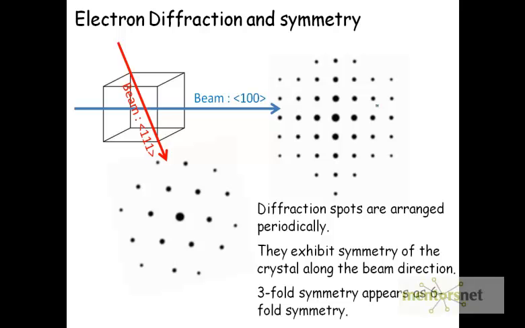Similarly, if the beam, the red beam, is traveling along the body diagonal of a cube, which represents a 3-fold axis, the diffraction pattern also shows a 3-fold symmetry. In fact, 3-fold doubles up as 6-fold, and that's why you see a hexagon here instead of a triangle. This is always true in electron diffraction patterns: odd symmetries are doubled up.